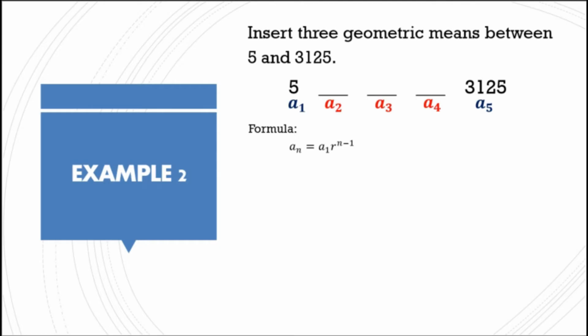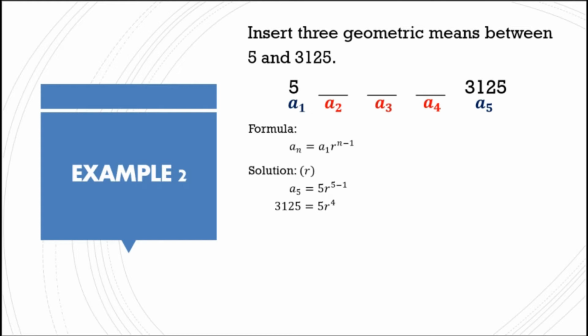Let us solve for the value of r. Substituting the given, we now have a sub 5, which is the value of a sub n, equals 5, the first term, multiplied by r raised to 5 minus 1. A sub 5 is equal to 3,125. Then 5 minus 1 is 4.